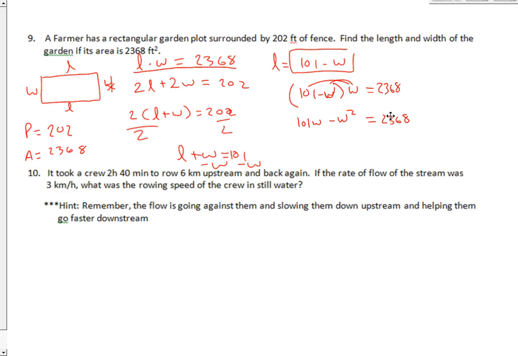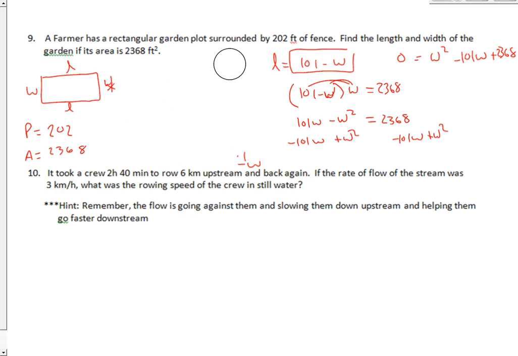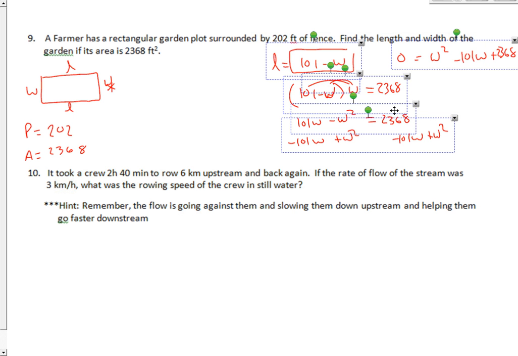I'm going to add the W squared to get a positive W squared, and then I'll subtract the 101W. And that gives me W squared minus 101W plus 2368 equals 0.